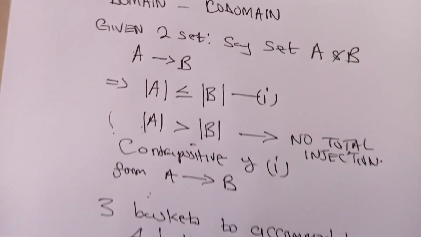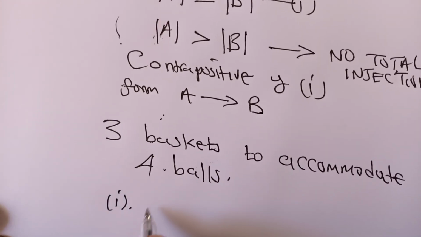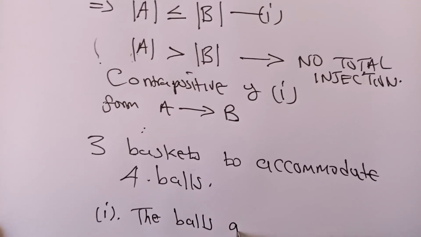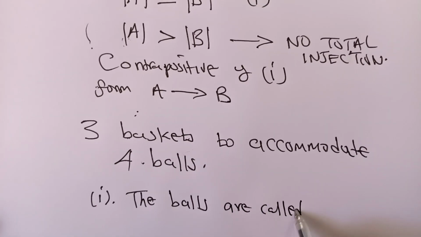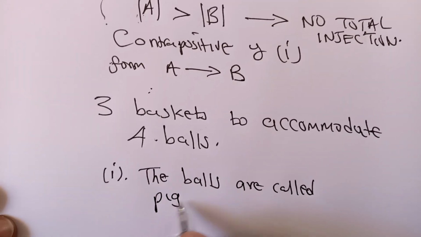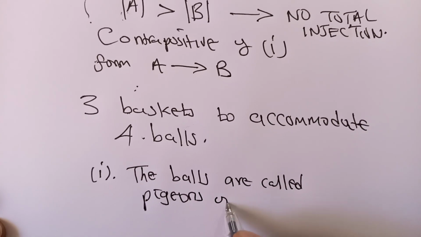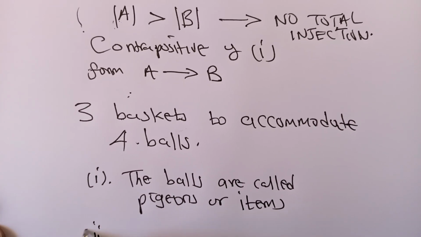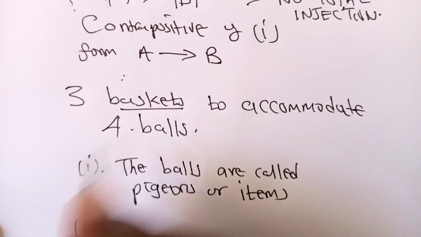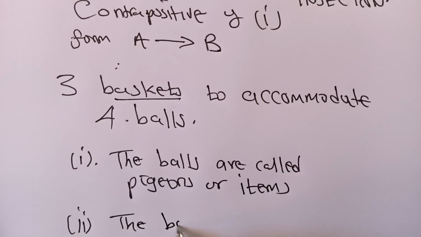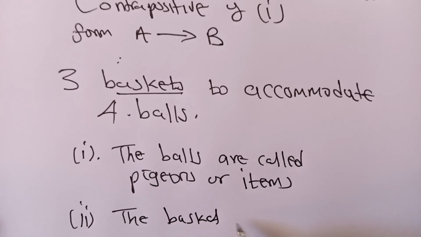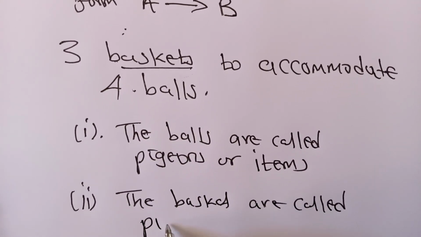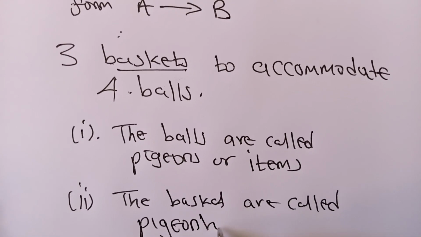Number 1, the balls are called pigeons, or rather we'll also be calling them items. Number 2, the baskets are called the pigeonholes.